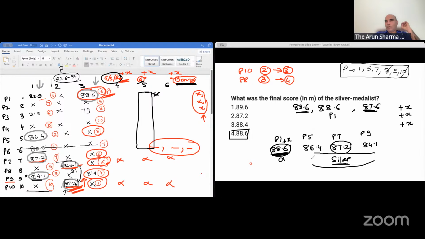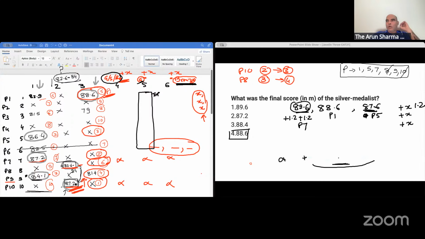So I can think about a plus 1.2 for the bronze medalist to get to 87.6. And if x is 1.2, the other two 1.2s will go to P7, who gets 1.2 twice to go from 87.2 to 89.6. And P7 is the gold medalist. So this becomes the structure.